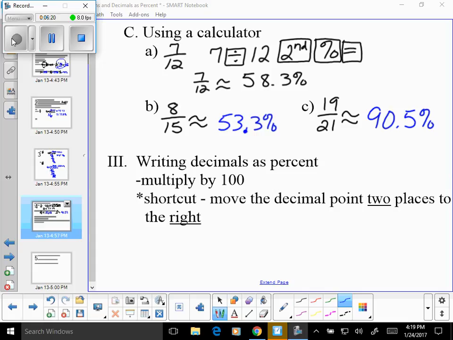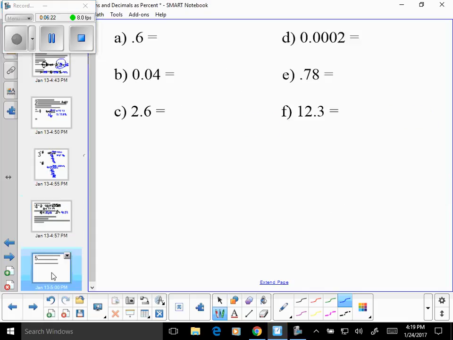So let's look at our examples. We are going to take the decimal point, move it 2 places to the right. You'll notice that there's no digit there, so I'm going to have to put in a 0. So 0.6 equals 60%.